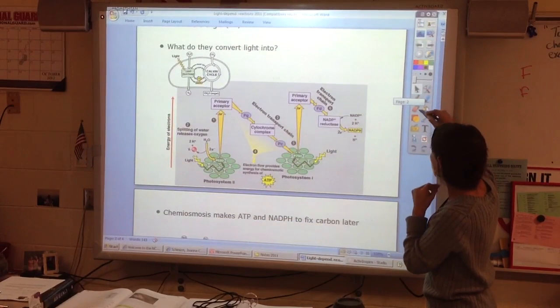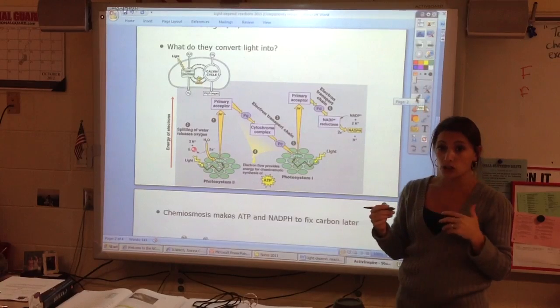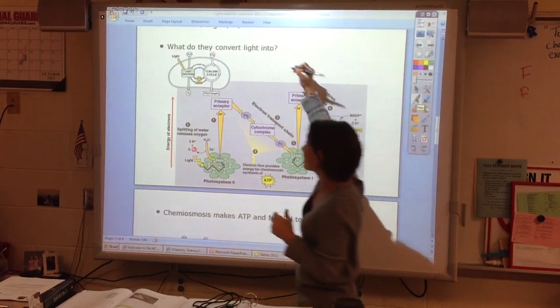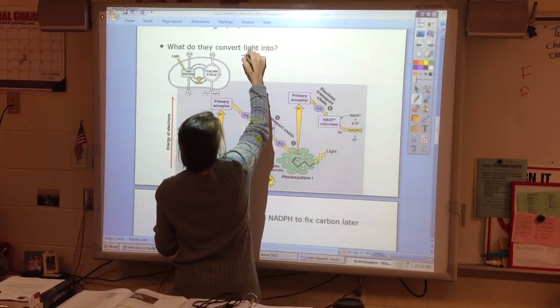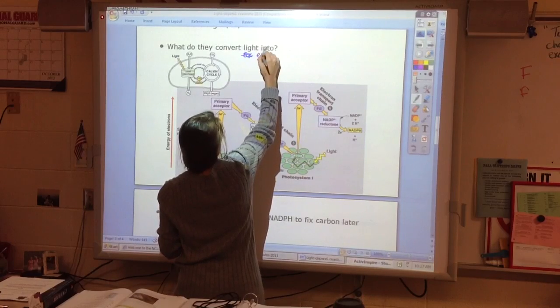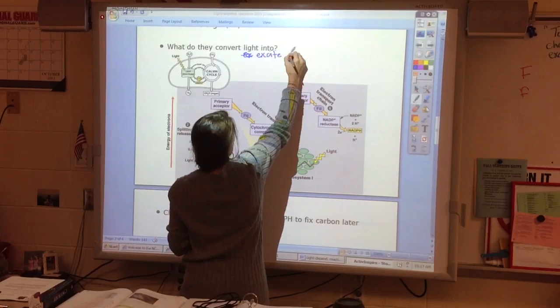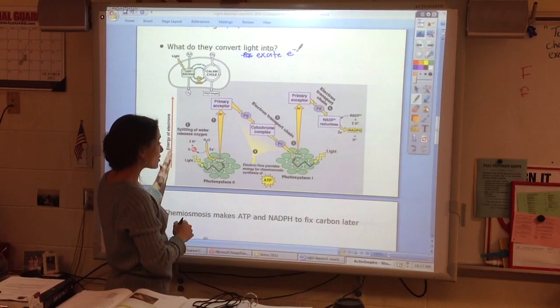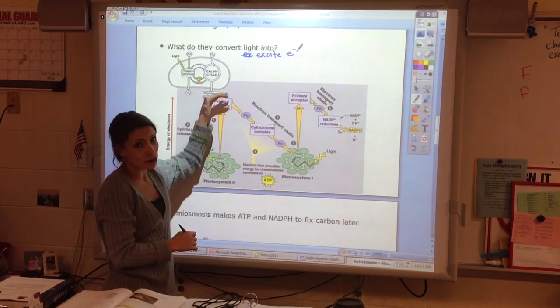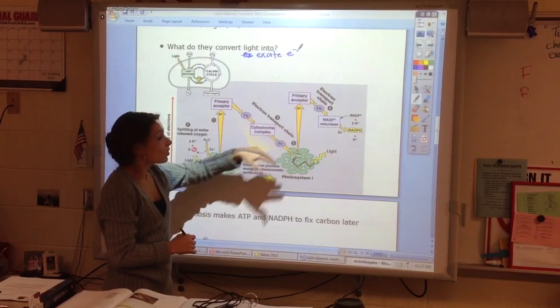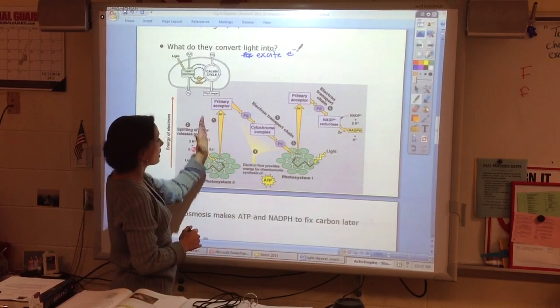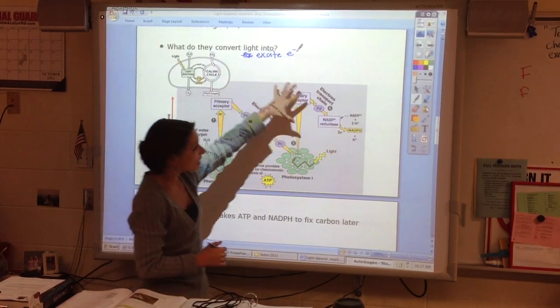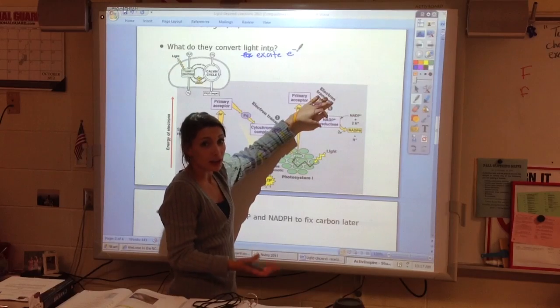And so what we're going to see is we're going to use that light to excite electrons. And so we're actually going to see another electron transport chain. We're going to excite the electron and pass it to an electron carrier.